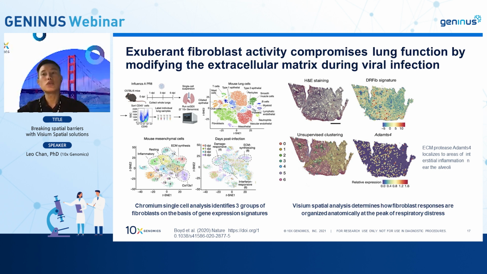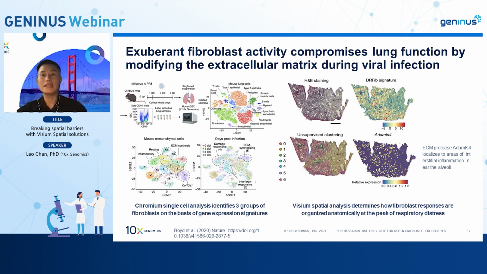The authors then use spatial analysis to look at how the fibroblasts are organized at 10 days post-infection. This is during the peak of the respiratory distress. They found that the signature genes associated with the damage-responsive group, including ADAMTS4, are localized to the area of the interstitial inflammation.